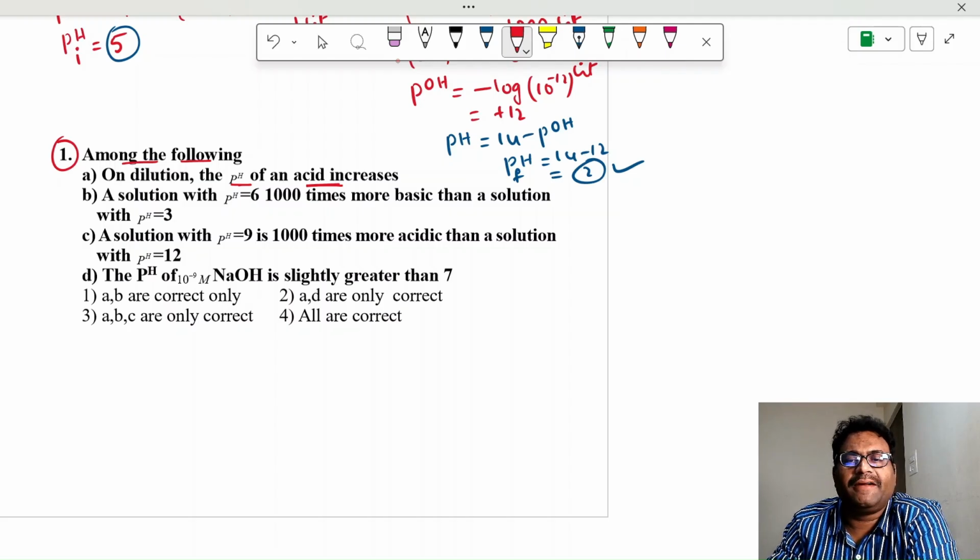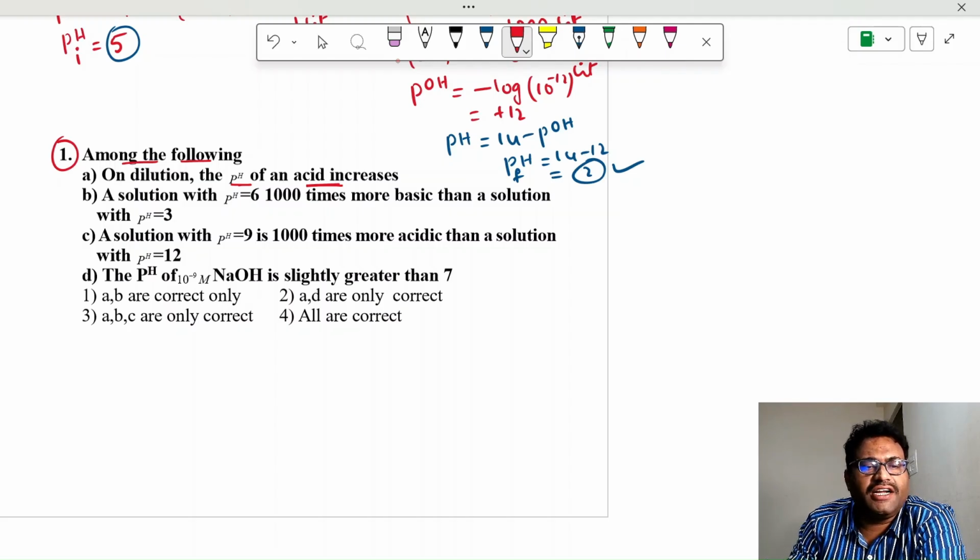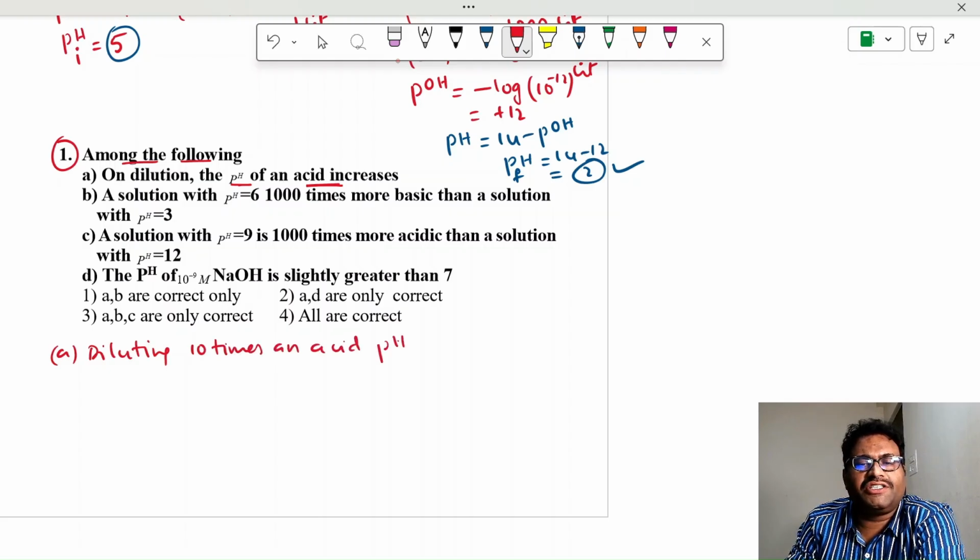Okay. We have discussed option A. Diluting an acid 10 times, pH increases by how many units? 1 unit.